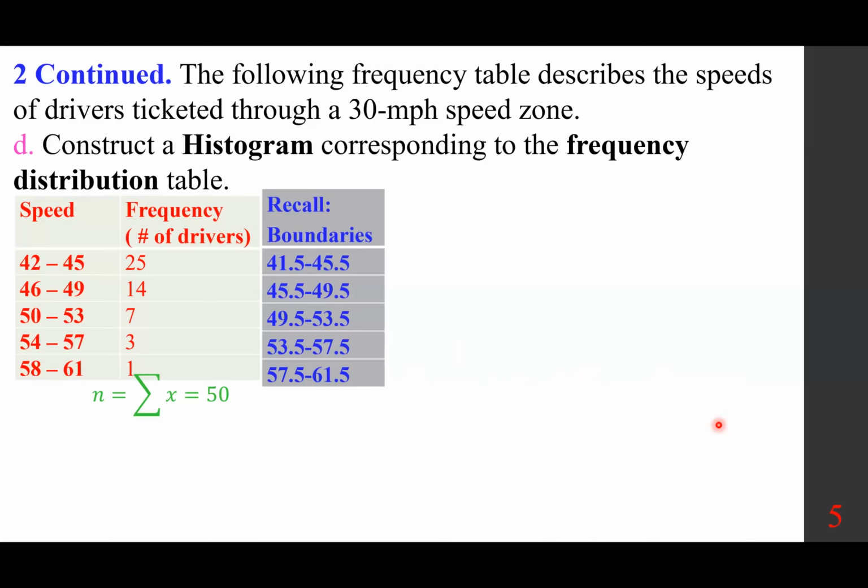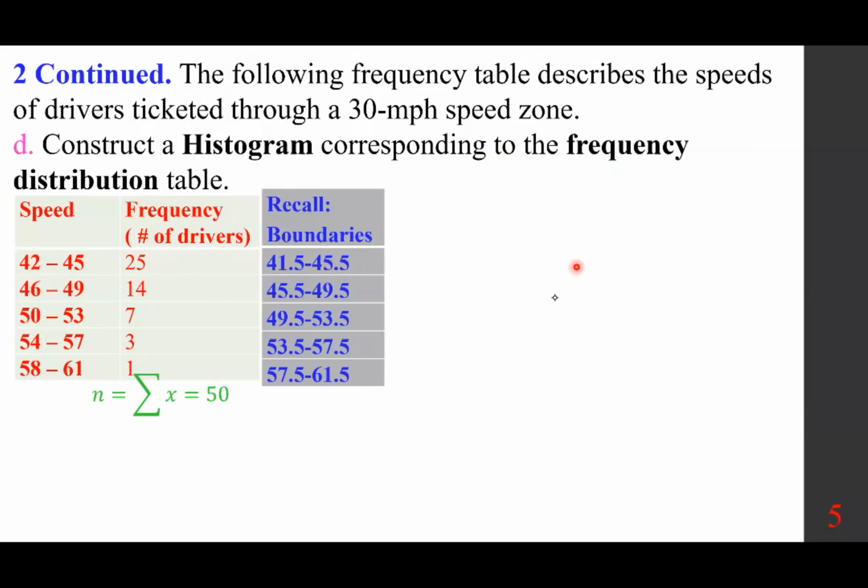So you put all the boundaries, and the first one gives you a bar with the height being either frequency or percent frequency. Which one? You read the question very carefully. This is asking for the actual frequency. That means those numbers. If they ask you for percent frequency, you put that, but ultimately the graph looks the same. So the first one has a height of 25.